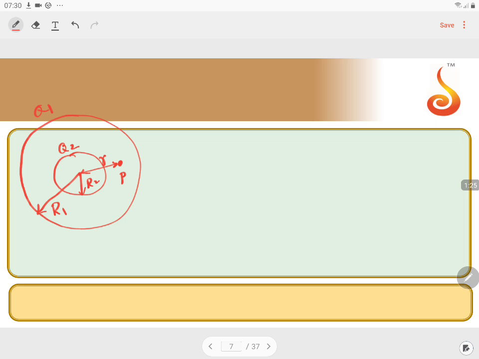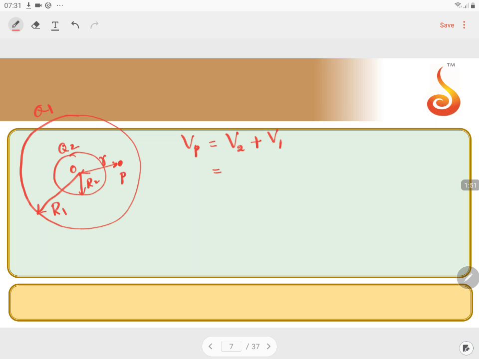So the total potential at the point P will be equal to the potential due to the inner sphere, that I say V2, plus the potential due to the outer sphere, that I say V1. So this point P is an outside point for the inner sphere. What is the distance of this point P from the common center?